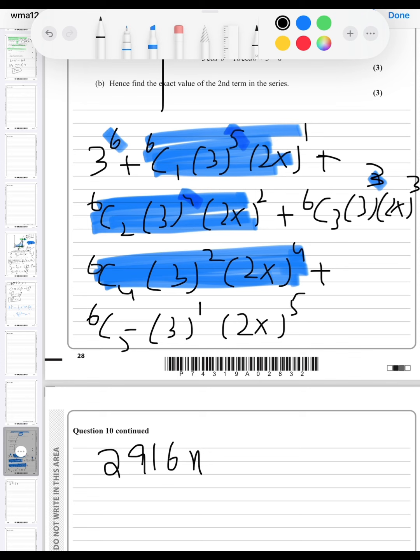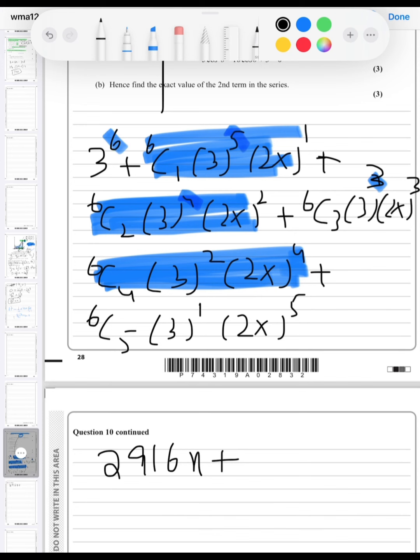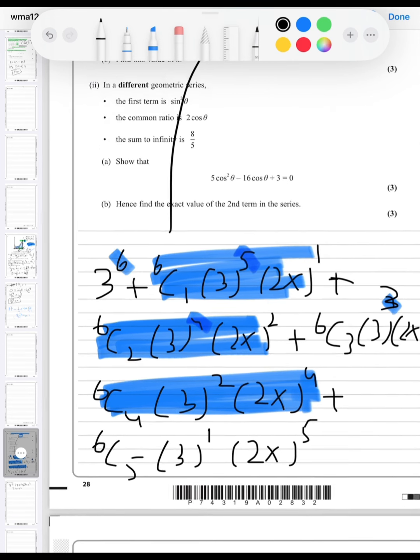Then the third is 6c2 3 to the power of 4, and 2 to the power of 2 means 4. So this one is 4860 x squared, and the last one is 2160 x to the power of 4. So there you go, we have these answers.